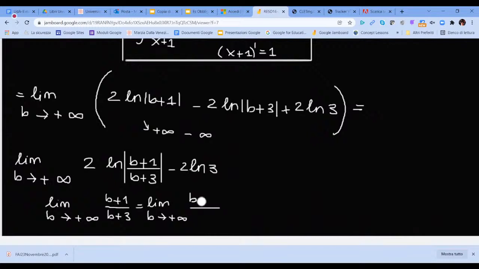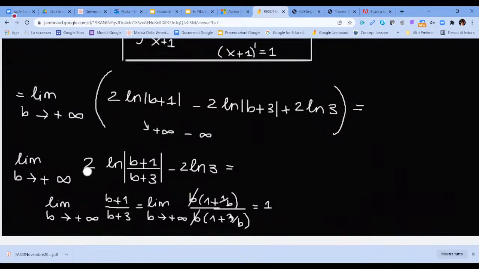You can rewrite it, using the usual rules, as 3 over b. That means every parenthesis is going to 1, and you can cancel the factor b, so this is 1. Okay, so this limit is 1.